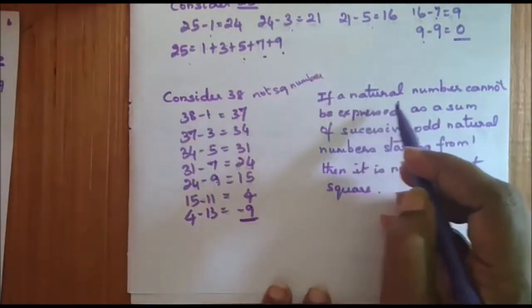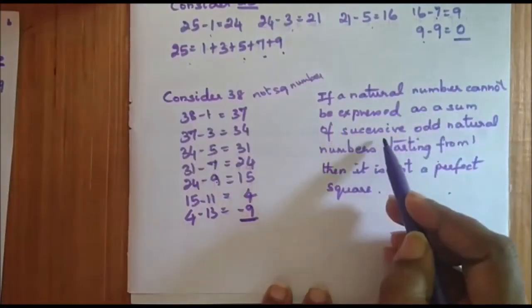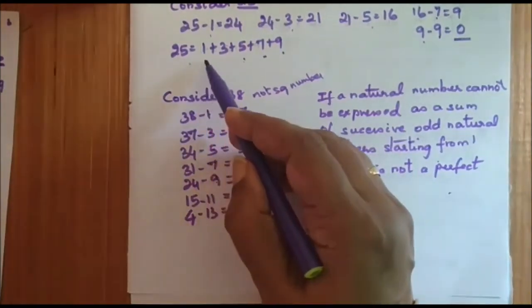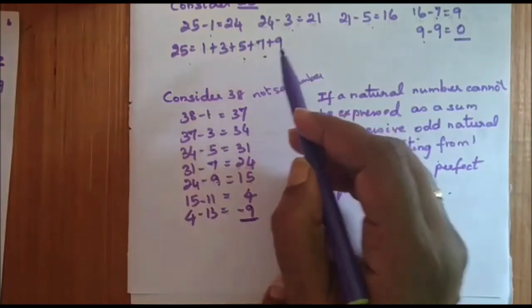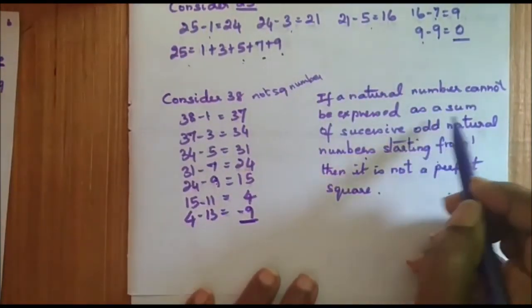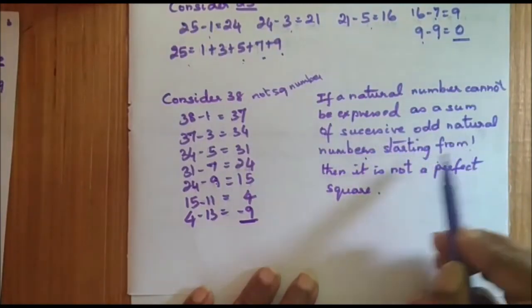So if a natural number cannot be expressed as a sum of successive odd natural numbers, then it is not a perfect square. Now I can express 25 as a sum of successive odd natural numbers, but 38 I cannot express as a sum of successive odd natural numbers starting from 1.